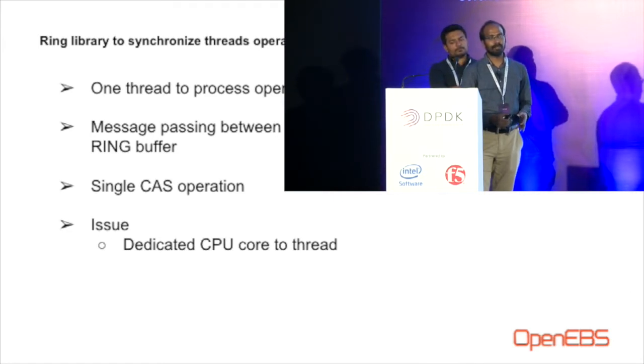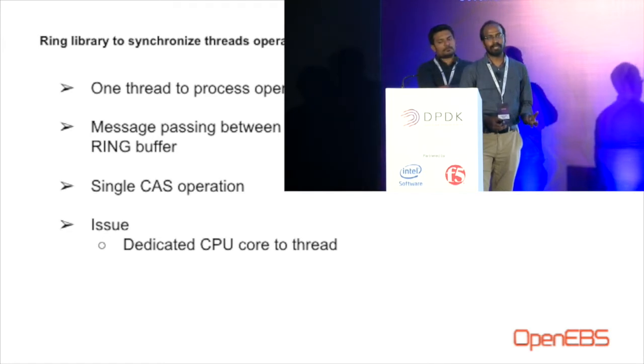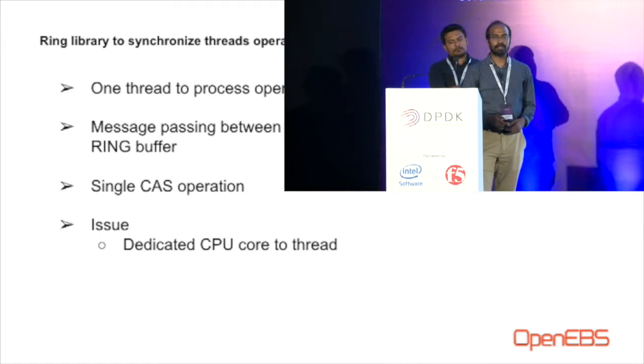This way we avoid dedicating cores to threads. It can be done in poll mode depending on the workload, or with an eventfd kick back to the vhost-user client when the work is completed.